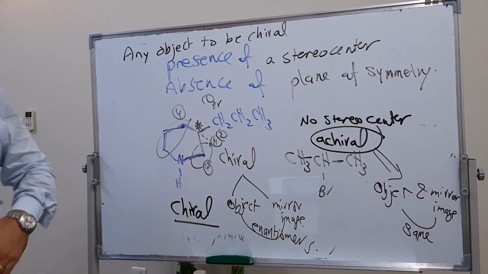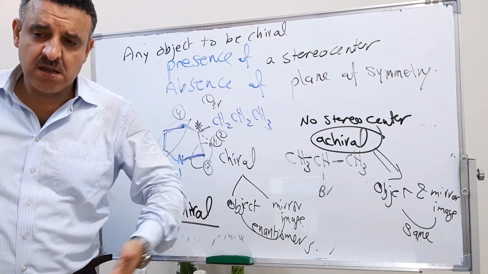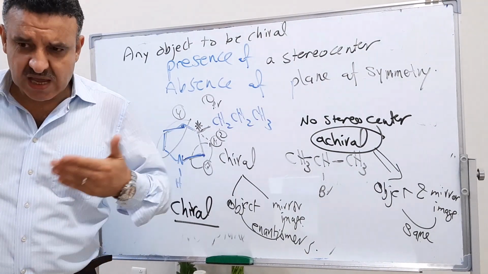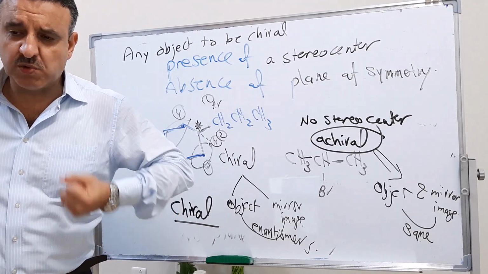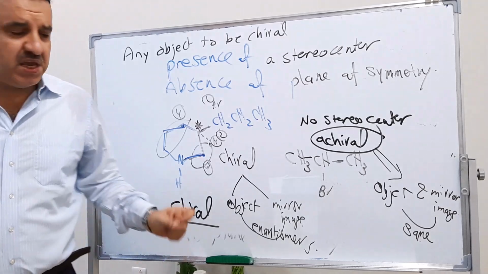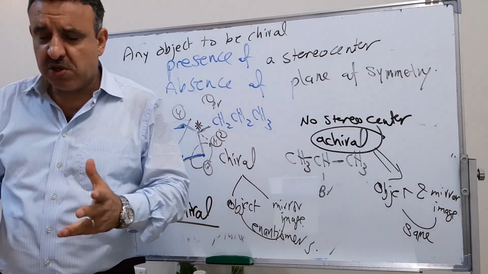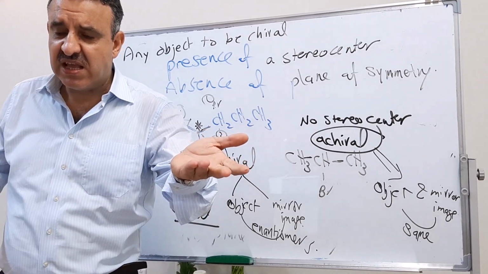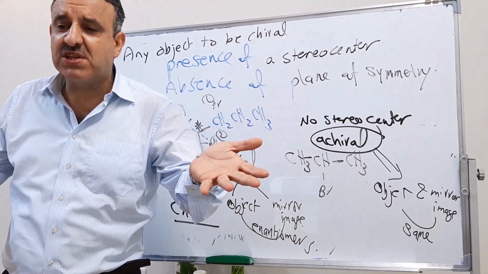But since this compound is chiral, we must conclude that it possesses what we call the handedness property, which means as if here we have two molecules, one like my right hand, one like my left hand. And these two molecules are totally different.